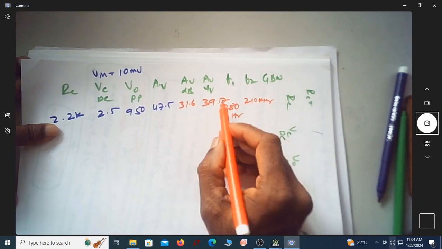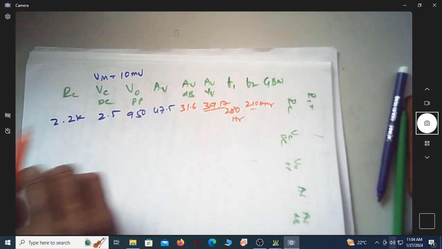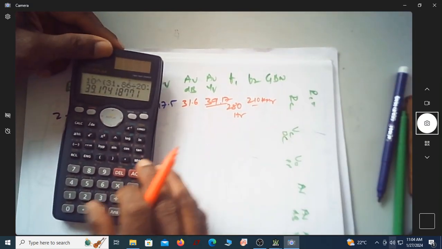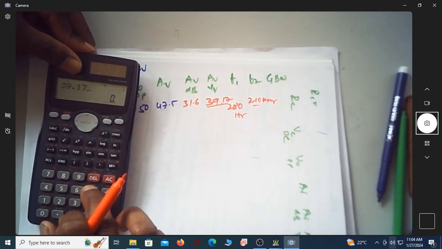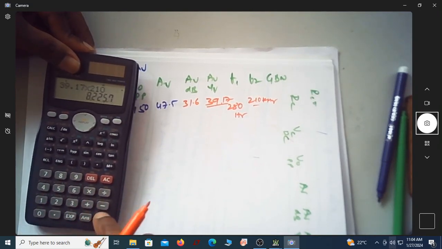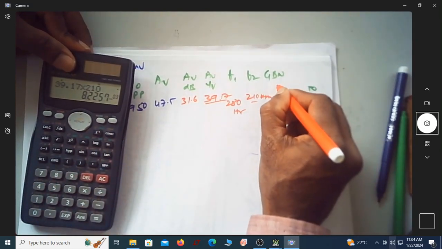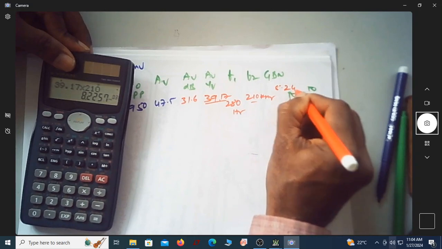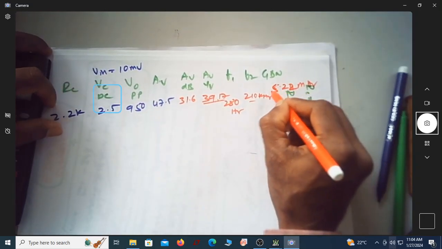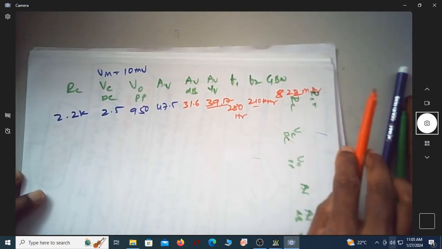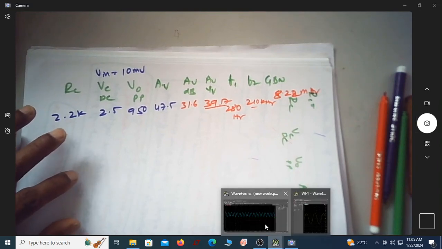GBW is the product of gain and bandwidth, so 39.17 multiplied by 210 kilohertz comes out to be about 8.222 megahertz.